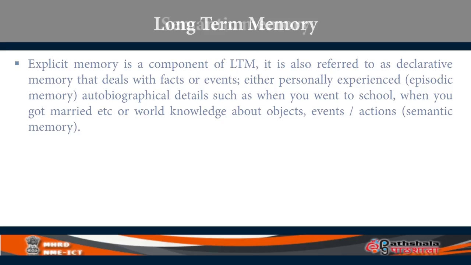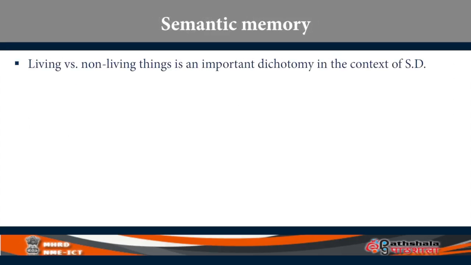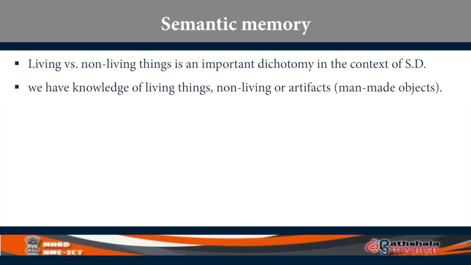So what is semantic memory? This memory contains information about living or non-living things. This dichotomy is extremely important when we are discussing semantic dementia. We have knowledge about living things and non-living artifacts, man-made objects.